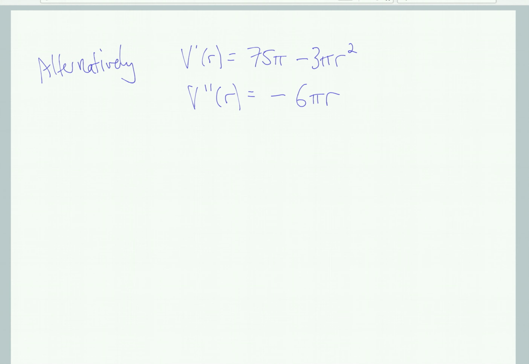Now, we can easily argue that r has to be greater than or equal to 0, because we're not dealing, again, with cans of negative radius. So for r greater than or equal to 0, V double prime of r, if we're plugging in something greater than or equal to 0 for r here, we're getting something less than or equal to 0.